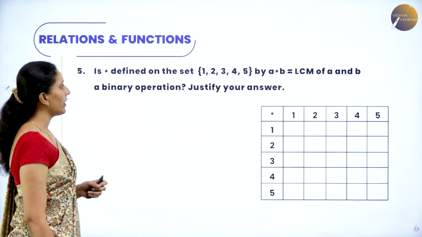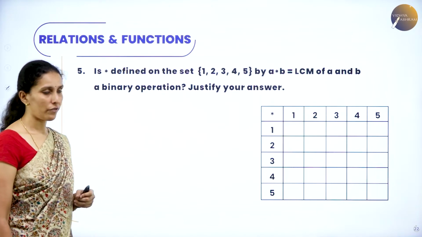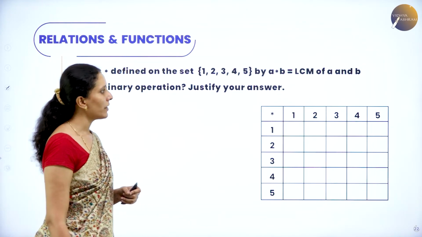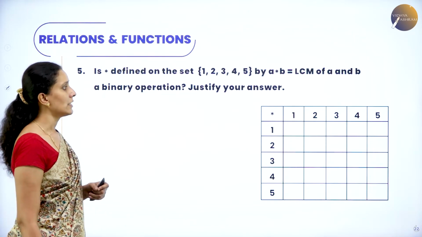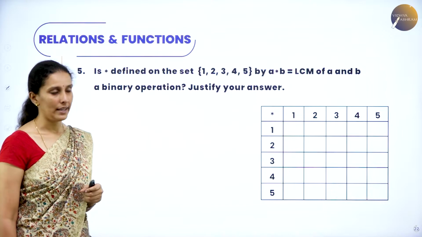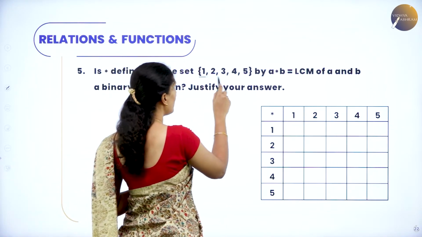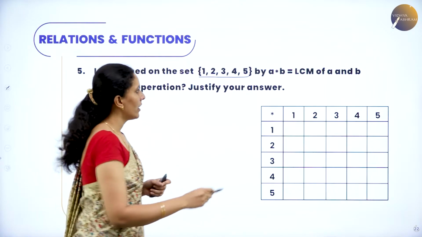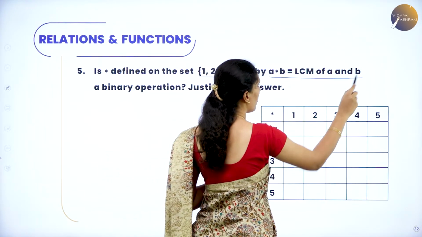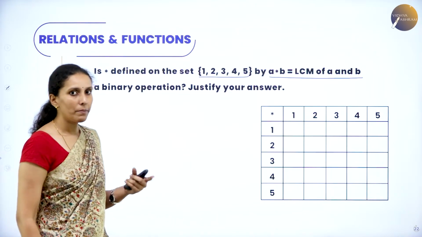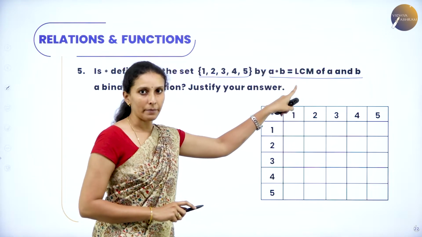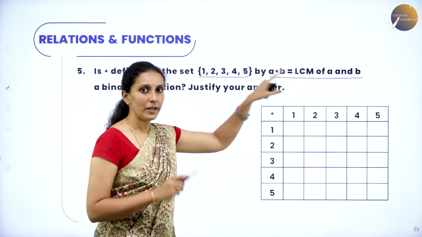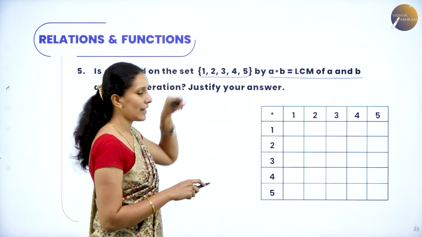Star defined on the set 1, 2, 3, 4, 5 by A star B is equal to LCM of A and B is a binary operation. Justify your answer. So here the set is given 1, 2, 3, 4, 5. A star B is given by LCM of A and B. Now whatever may be the binary operation, when you perform A star B, the LCM of A and B should be inside this set only.